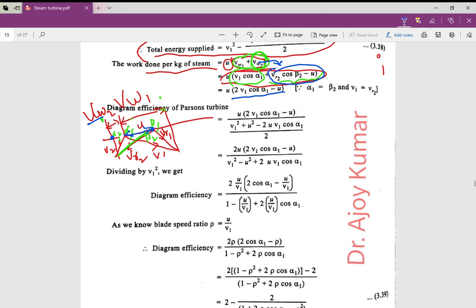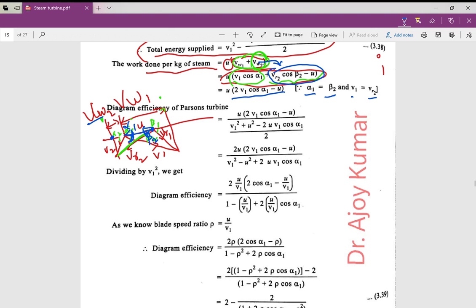Since we know already alpha 1 is equal to beta 2 and V1 is equal to Vr2. I told you earlier that in reaction turbine inner angles are equal. This is V1 with alpha 1 and this is beta 1. This is beta 2 and this is alpha 1.